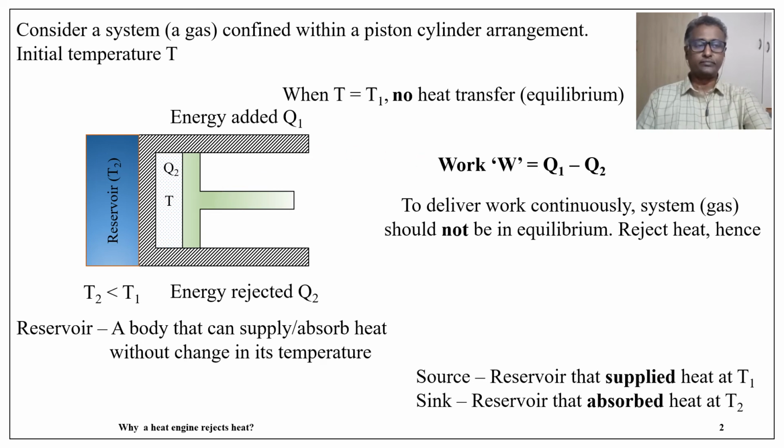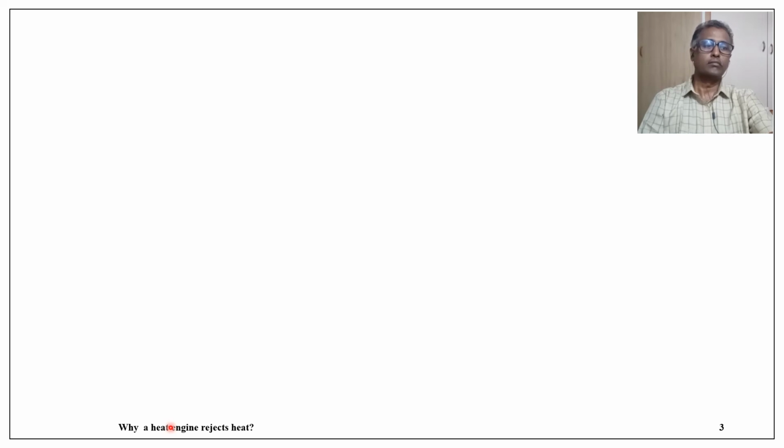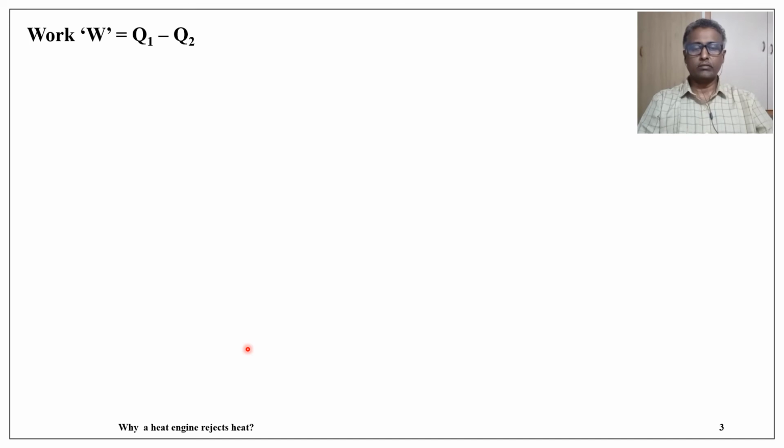What is next? Just now we discussed work W is equal to Q1 minus Q2 in a cyclic heat engine. What we infer from this is not all the heat added Q1 is converted into work.